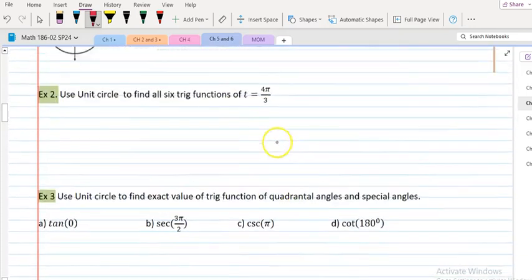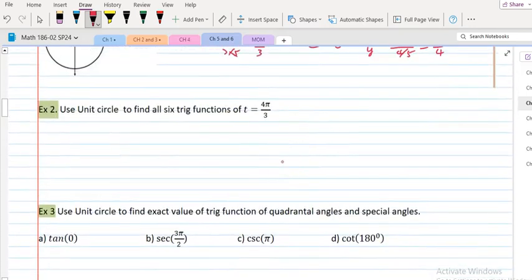So now, those are the ones where you actually know the x and y. Now we have to look up the unit circle to find all 6 trig functions of t equal to 4 pi over 3. Let's open up the unit circle first.